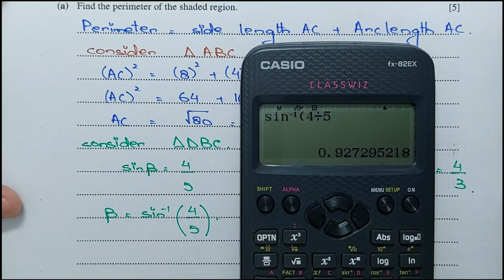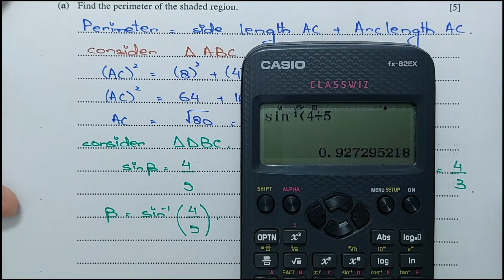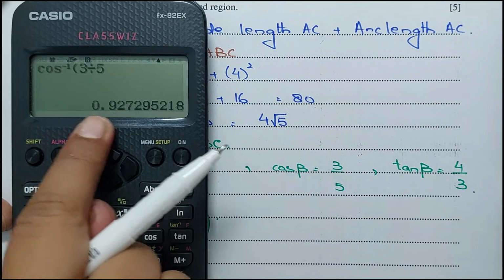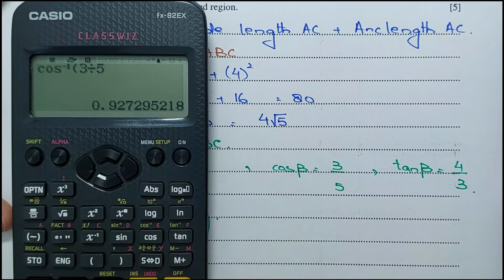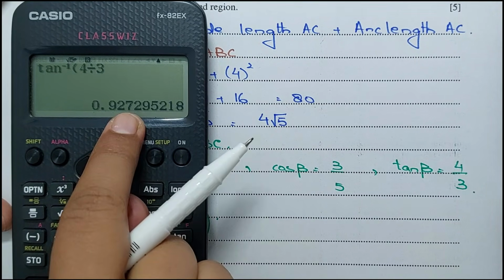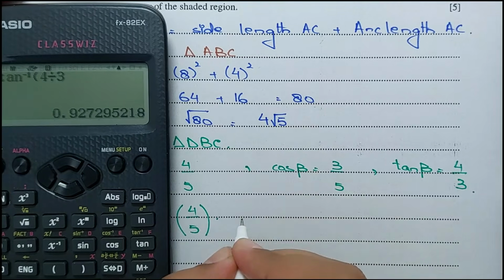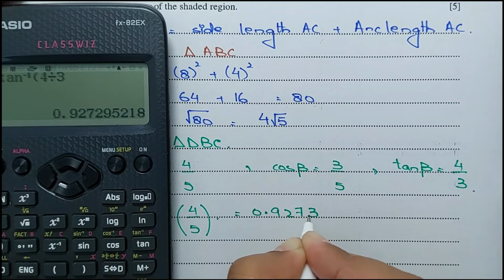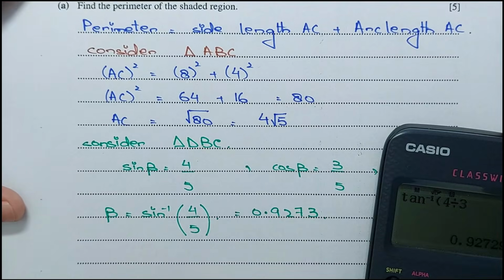That is 0.92729. And if you do cos inverse of 3 by 5, 0.927, and tangent inverse of 4 over 3, 0.927, all the answers are the same. That is 0.9273, up to 4 decimal places, right?